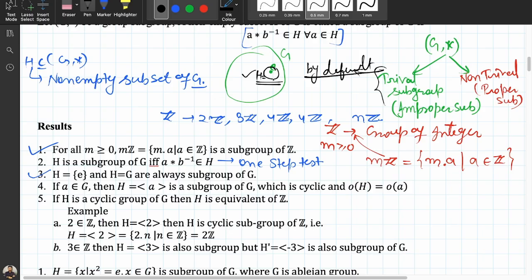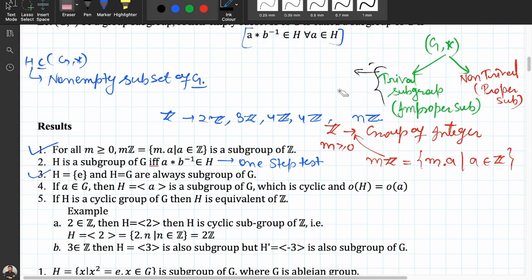So G is a subgroup of G. These are known as the trivial and improper subgroups, meaning the default subgroups which always exist for every group. And one more thing: if any group contains only these two trivial subgroups, then that group is known as a simple group. Okay, that I will explain next.